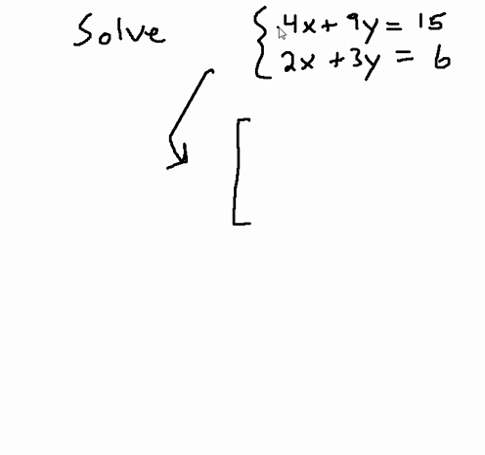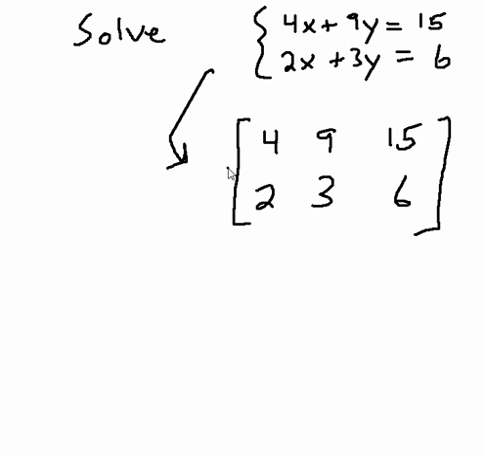So in the first row, instead of 4x plus 9y is 15, we're just going to write the 4, the 9, and the 15. In the second row, instead of 2x plus 3y is 6, we put 2, 3, and 6. This is the matrix we are going to input into the program.